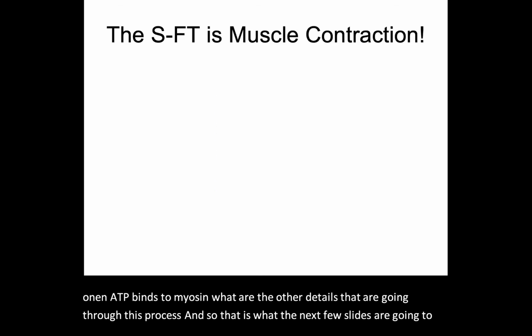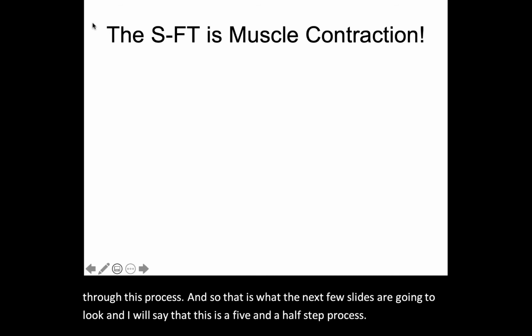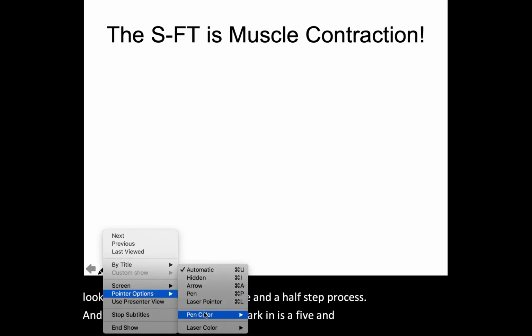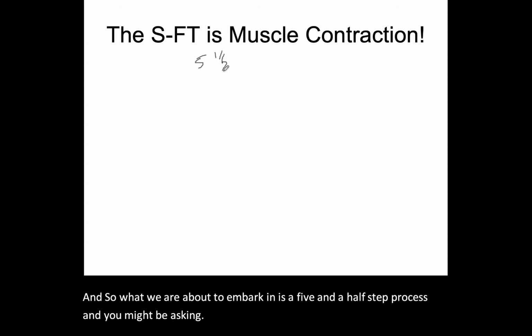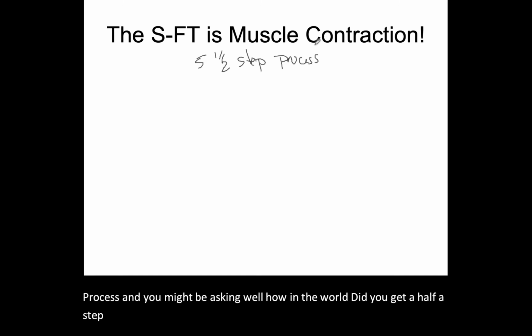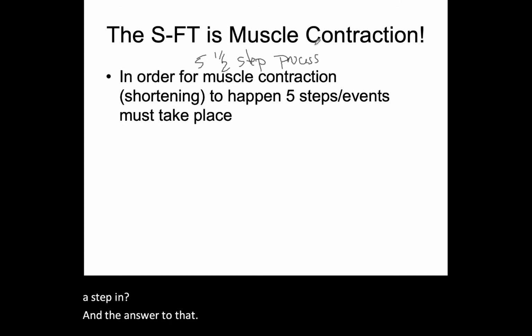And I will say that this is a 5.5-step process. And you might be asking, well, how in the world did you get a half a step in? And the answer to that is very simple.